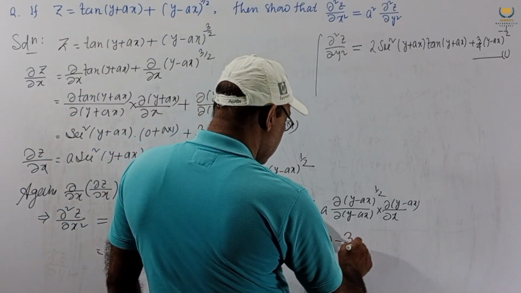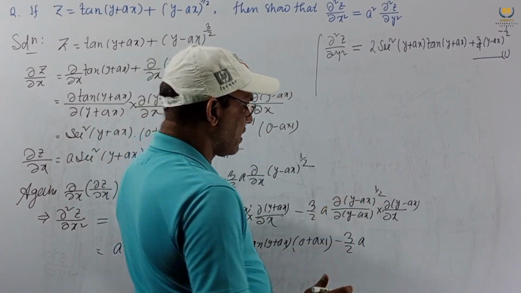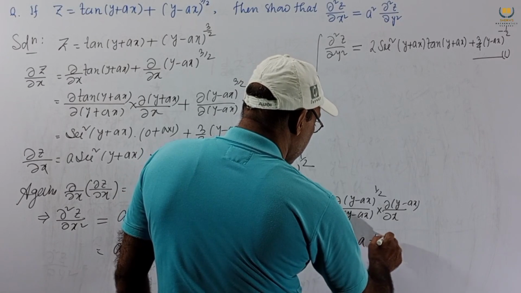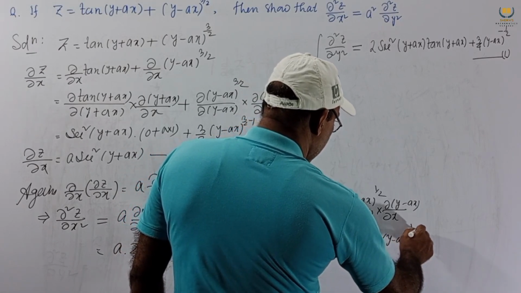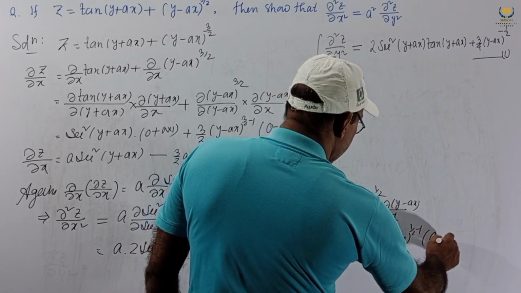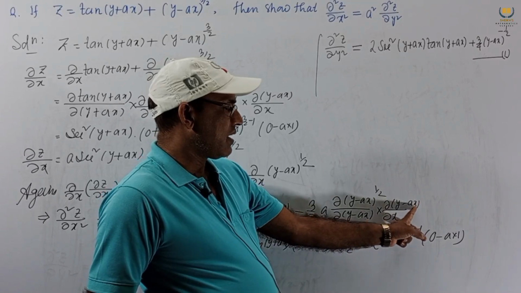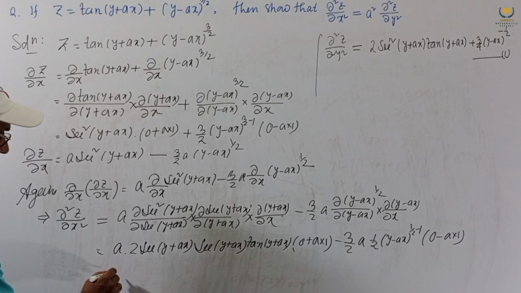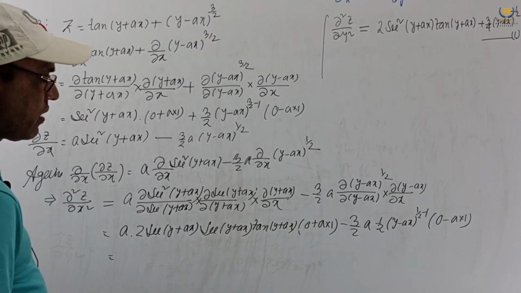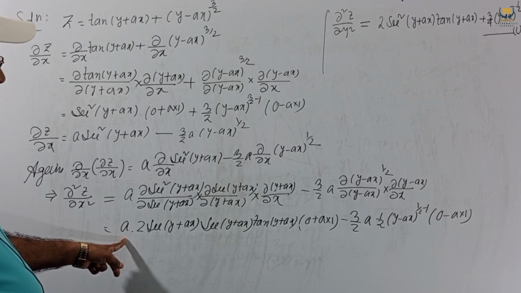Minus 3 by 2 a, by the first formula, x to the power n, this will be 1 by 2 (y minus ax) to the power 1 by 2 minus 1, this is 0, this is minus a into 1, del y by del x is 0, a is constant, del x is 1. So finally we get this, we are multiplying a here.